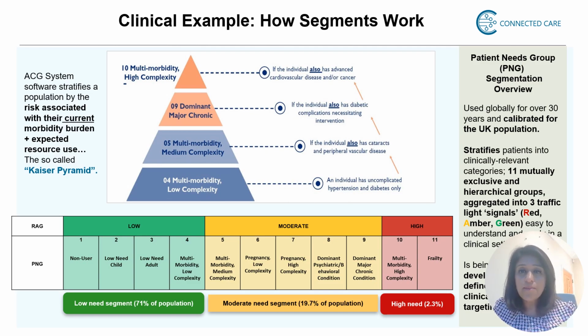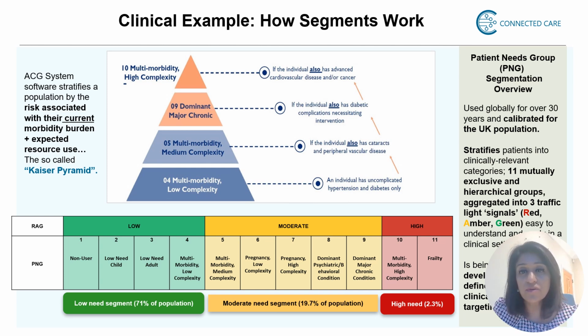And as you can see by this diagram, this is the whole of Frimley. We had roughly 800,000 individuals within our population, and 71% were low need, moderate need about 19.7%, and high need of 2.3%.